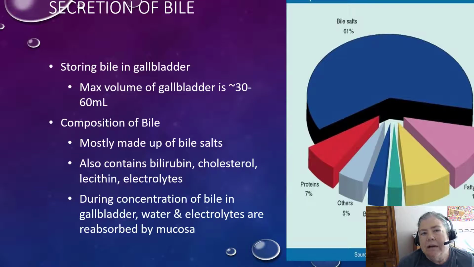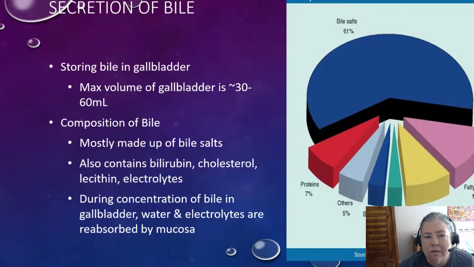The gallbladder can store between 1 and 2 ounces of bile, so storage is limited as bile is made. And I believe we said that the liver secretes about a liter of bile a day.